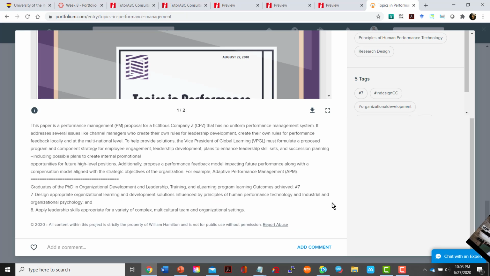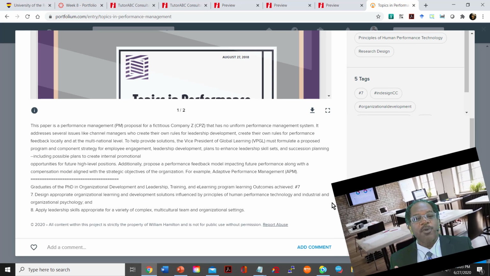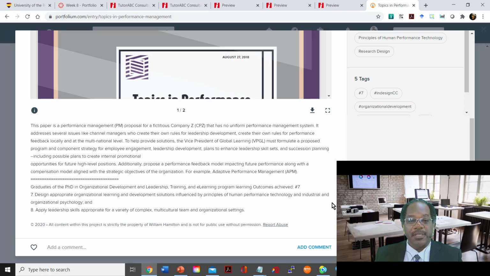This paper is a performance management proposal for a fictitious company. It has no uniform performance management system. It addresses several issues, like channel managers who create their own rules for leadership development and their own rules for performance feedback locally and at the multicultural level.